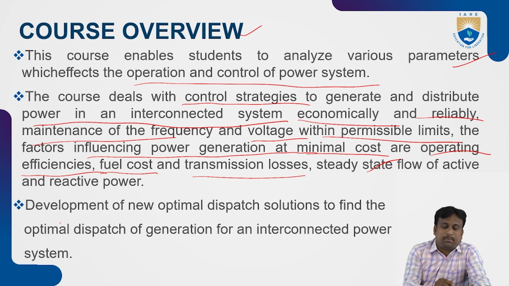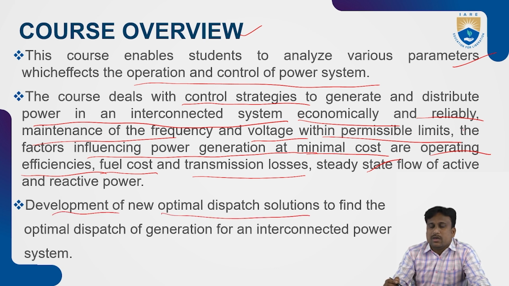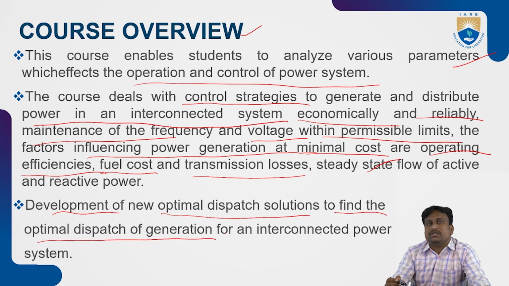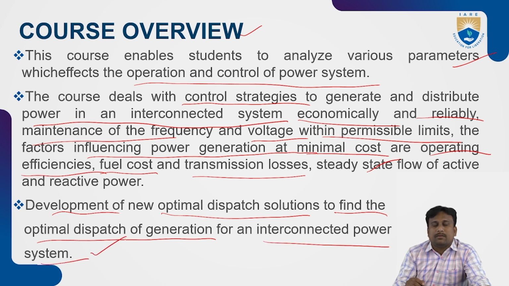Here we will deploy some new optimal dispatch solutions, which will be helpful in finding the optimal dispatch of generation. This is useful for an interconnected power system network. So all these are the course overview.